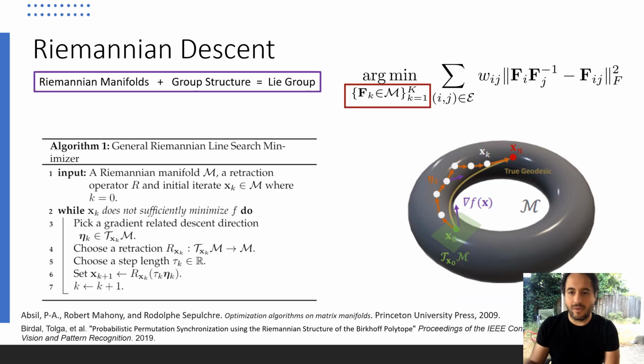So here is how a Riemannian optimization would look. Let's take that problem, which I want to minimize over maps that are living on a certain manifold. Here's an algorithm of a general Riemannian line search minimizer. Let me explain it here. At x, I could compute the Euclidean gradient, which is the gradient of the energy here.